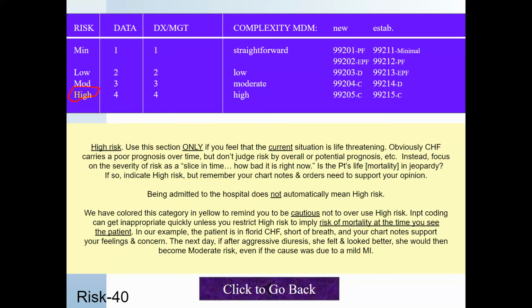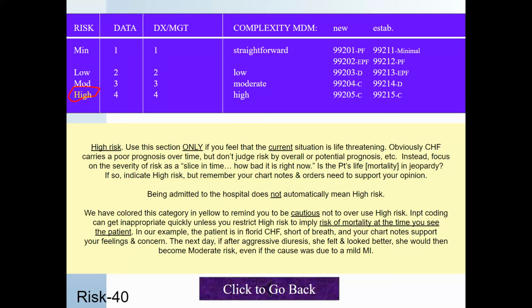So now, this always brings up more questions. And I think it's a good place to put this question, because we were just talking about moderate risk, meaning a mild exacerbation of a chronic illness. So what does high risk really mean? Well, it's high risk basically if you say it's high risk.